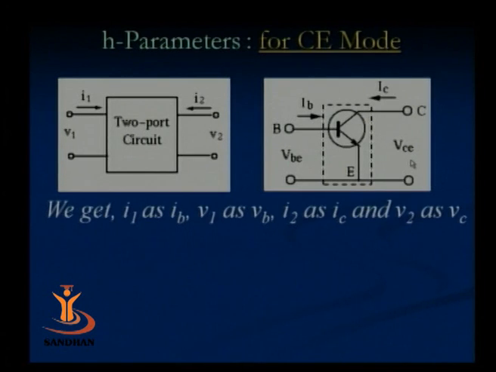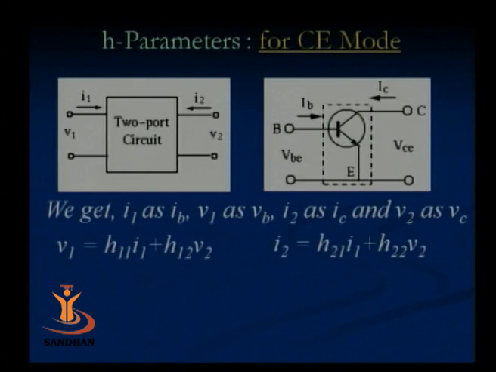That is the simple analogy, and if you compare terminal to terminal, we get I1 as IB, V1 as the base voltage, or voltage between base and emitter, I2 as collector current and V2 as VC, the collector voltage, or VCE, the voltage between collector and emitter.